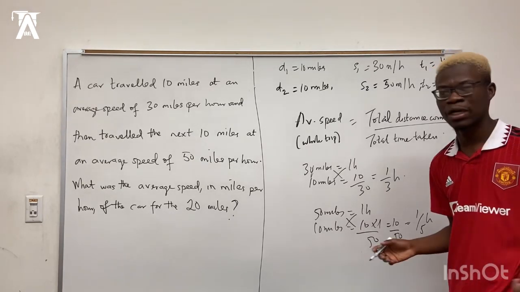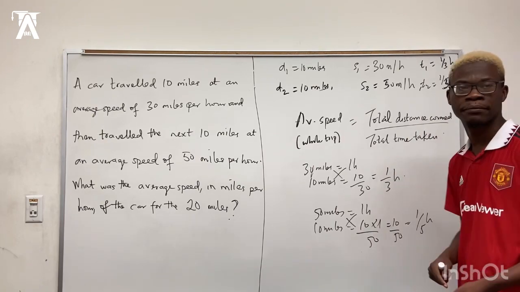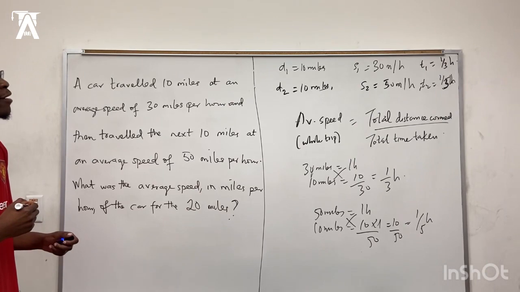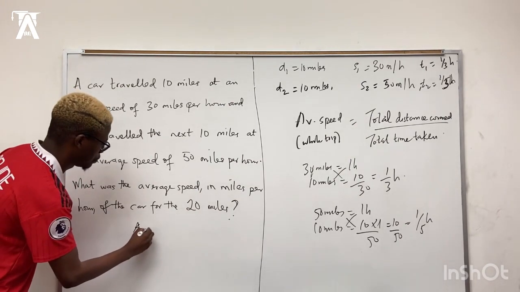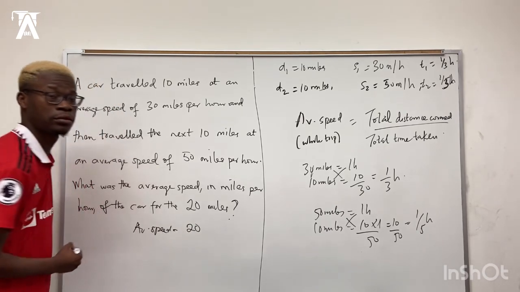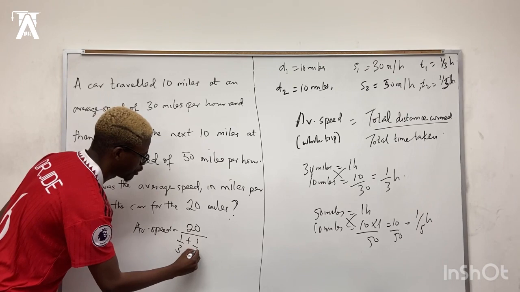All right, now we can calculate the average speed because we have the total distance and we have the total time. So average speed now is what? Total distance, which is 20, divided by total time, 1 over 3 plus 1 over 5.